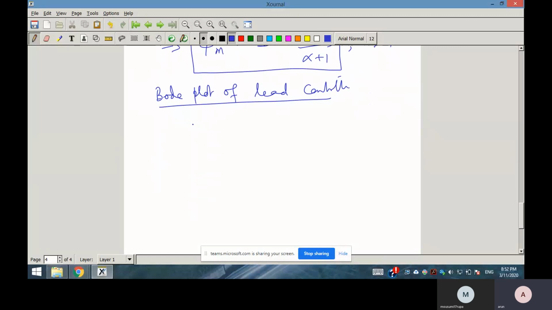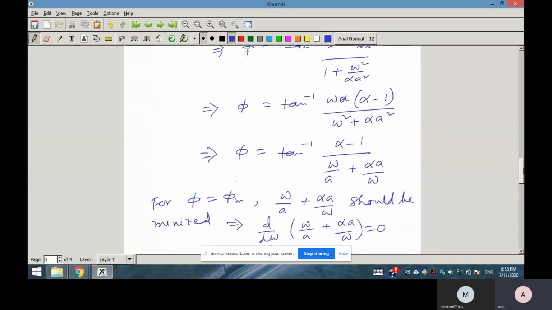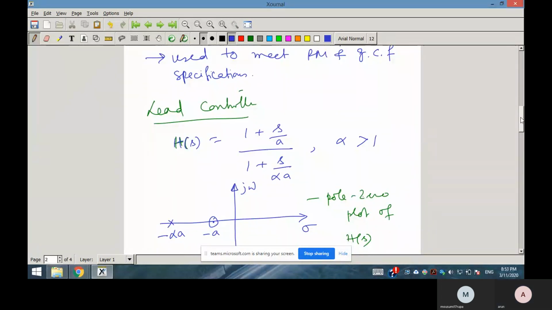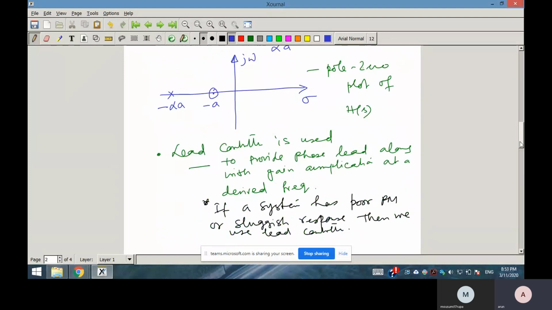From the transfer function, you can easily see there are two frequencies, two corner frequencies. One is omega equal to A, another is omega equal to alpha A.